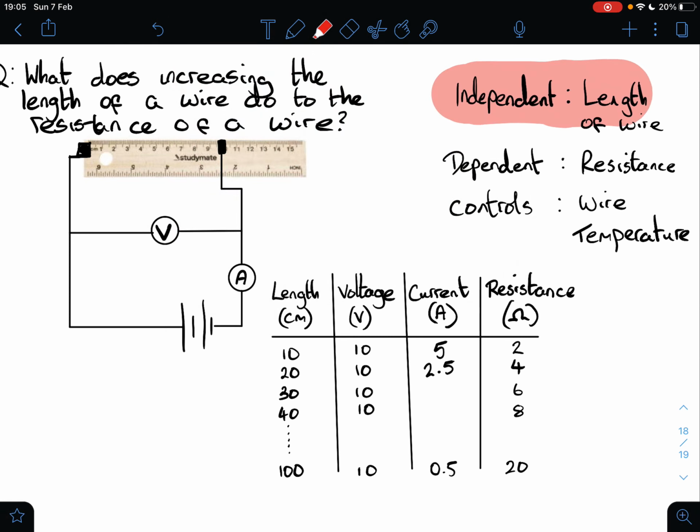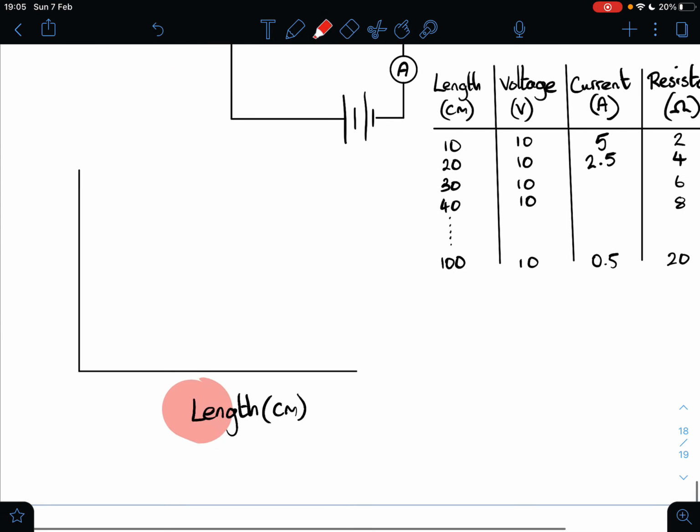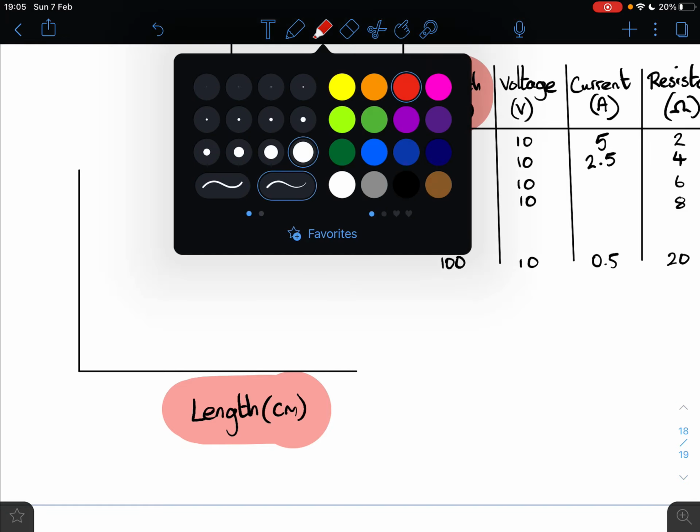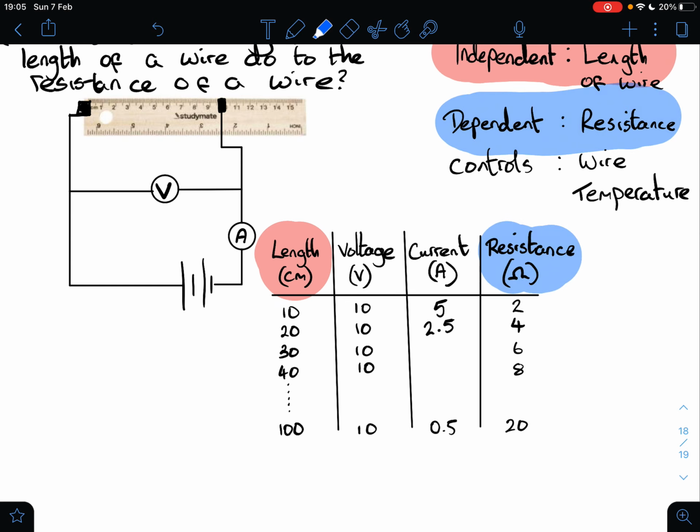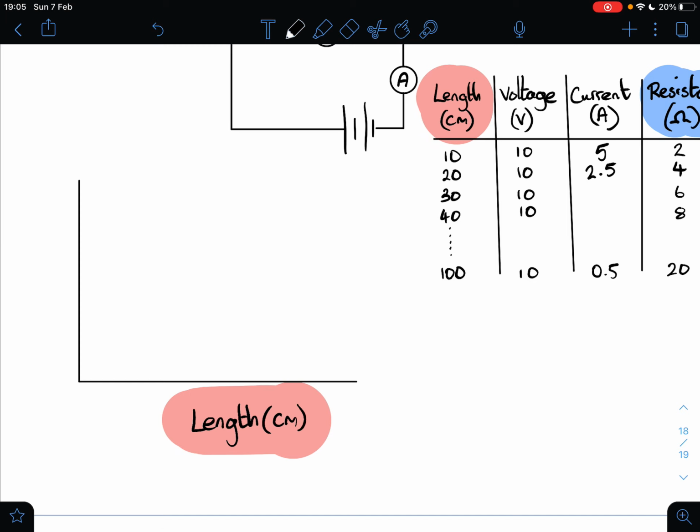I'll do it in red. Length of wire always goes along the bottom. Look, there it is there. Then, the dependent variable, the answer, is always the last one, and it goes up the side. So resistance in ohms, like so.